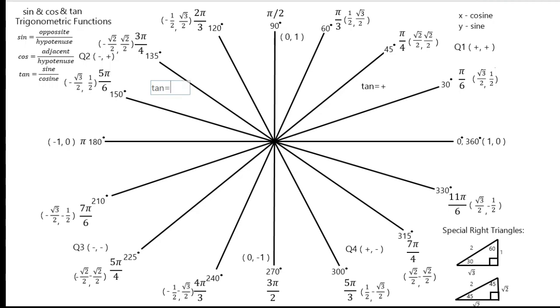The tangent here in quadrant 2, guess what, it's going to be negative. I'm going to tell you later on why that is happening. But although you can just know it right now, you can find it. So here it is going to be positive. And in quadrant 4, the tangent is going to be negative.